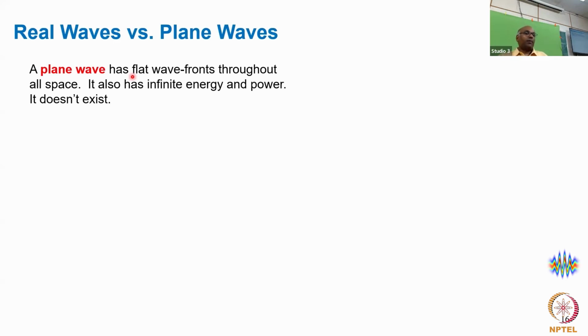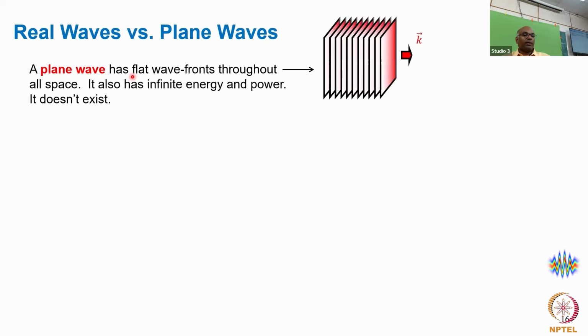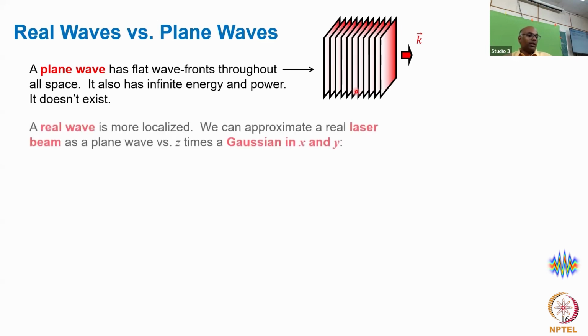And since the absolute value squared of the electric field is proportional to energy or power, this corresponds to a situation of having infinite energy or power. This is, of course, unphysical. So we wanted to spatially limit these wavefronts, which otherwise seem to have an unphysical realization of this concept, leading to infinity in energy.